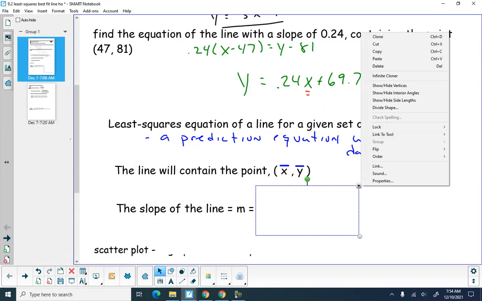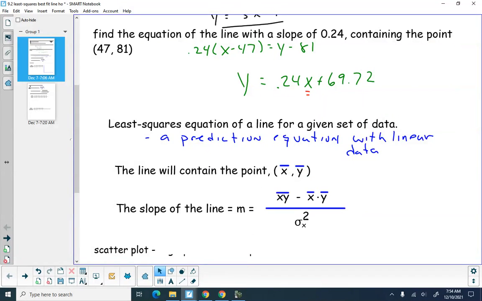And we need to be able to calculate a slope. The slope is calculated by the average of x times y, minus x bar times y bar, over sigma x squared, the population variance of x.